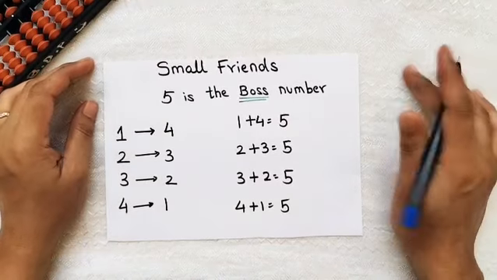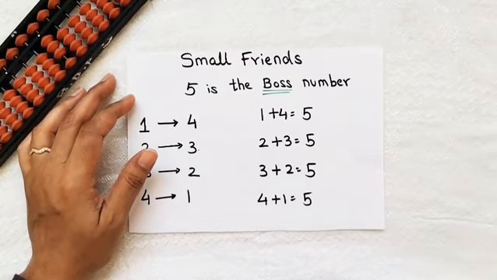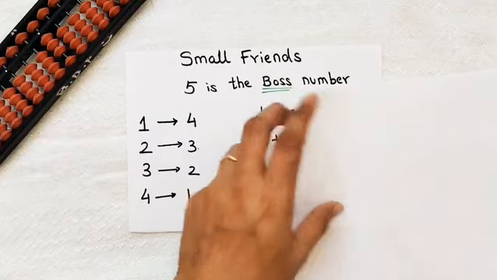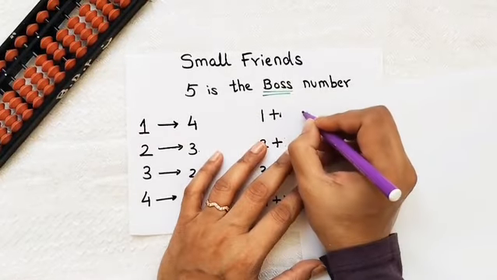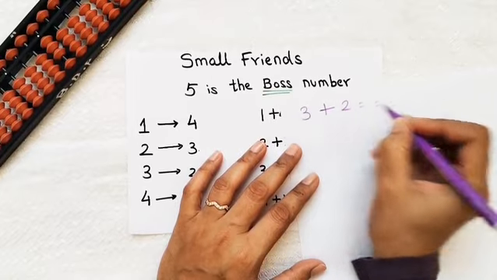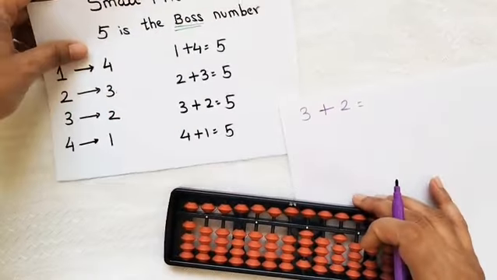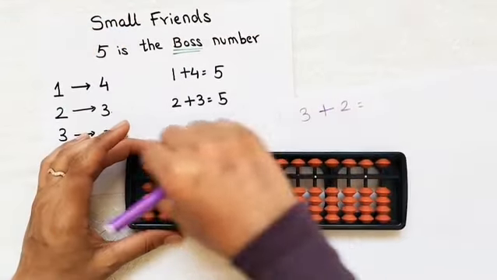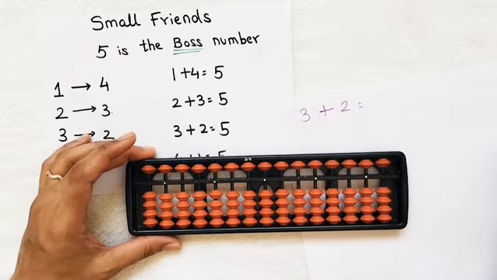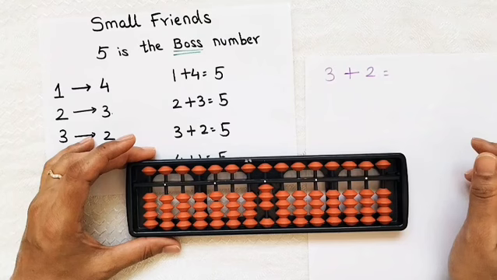Let's go back to the question. The question was 3 plus 2. Let's do this with the help of small friends. The first step is 3. We place 3 here.